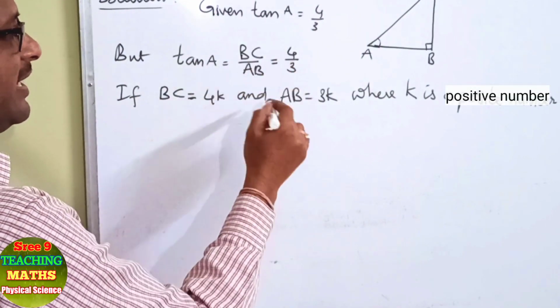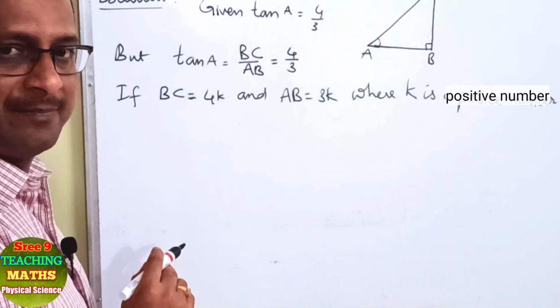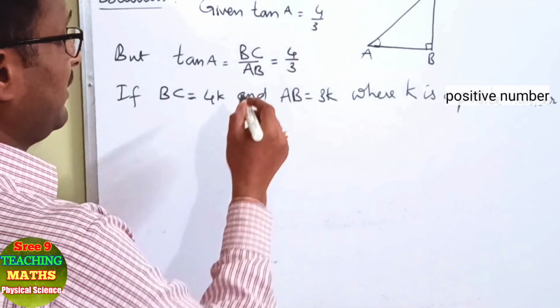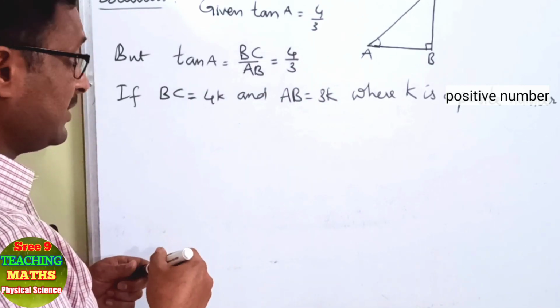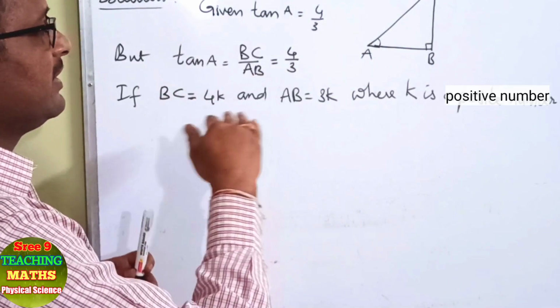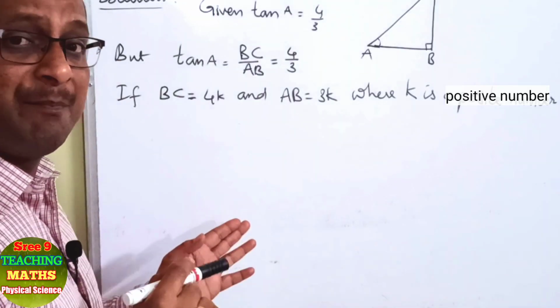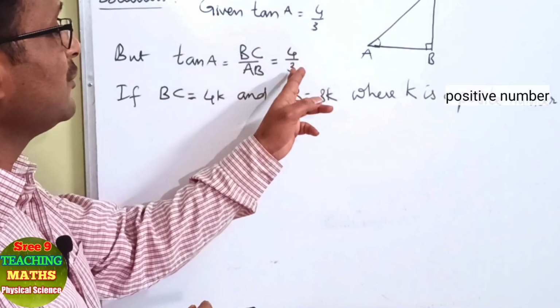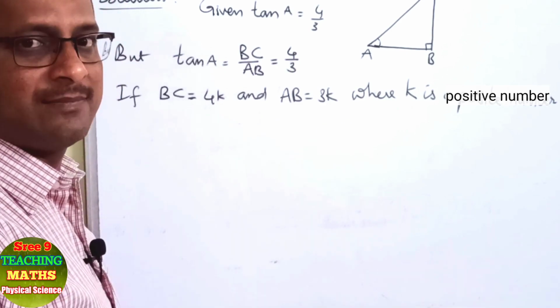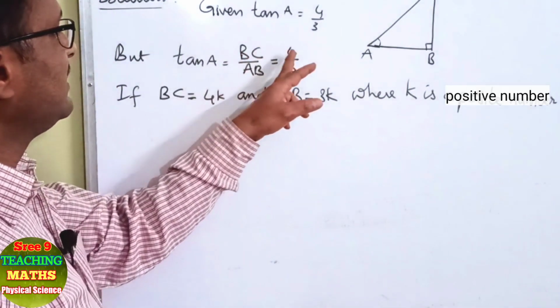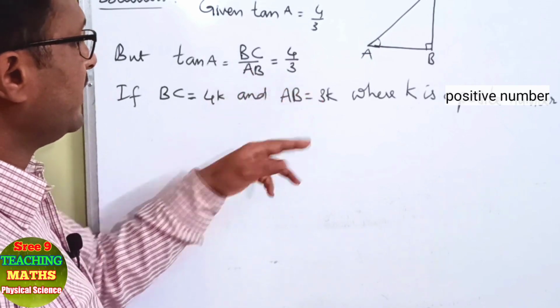As we are comparing the ratios, we take the value K, because whenever ratios are compared, the given values may not be exactly equal. But on solving we will get the answer. That's why we take BC is equal to 4K and AB is equal to 3K.